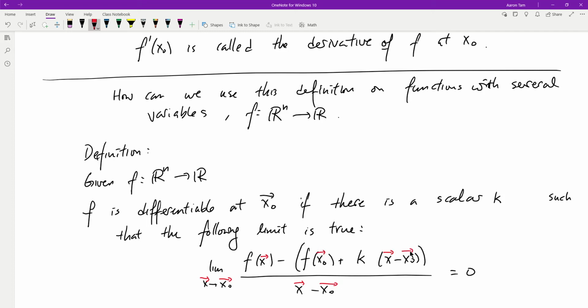And now an issue becomes apparent. If I look at this expression right now, notice that f of x, as well as this thing, both refer to the output of the function, which in this case maps into a single scalar. So these two things are both scalars.